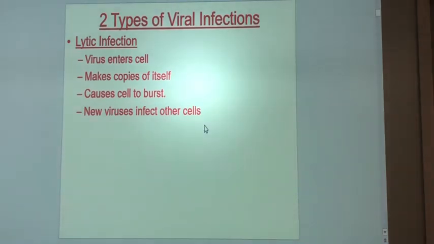The poliovirus is a lytic virus. The flu, and I want you to get this as well, so the flu is specific. It's going to attack and inject its DNA into respiratory cells. Polio is going to attack and infect nerve cells.